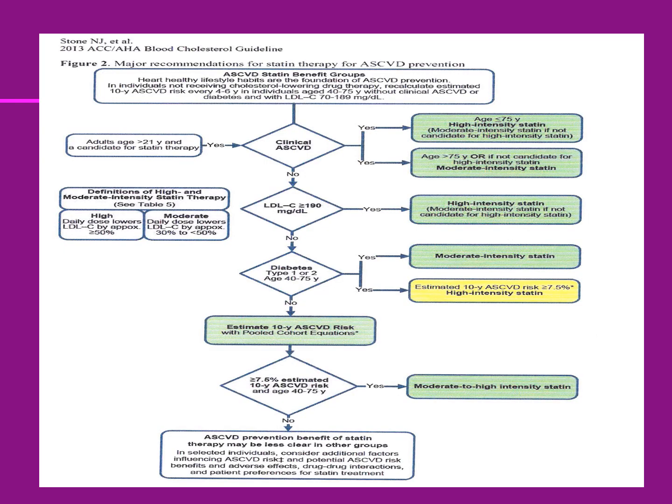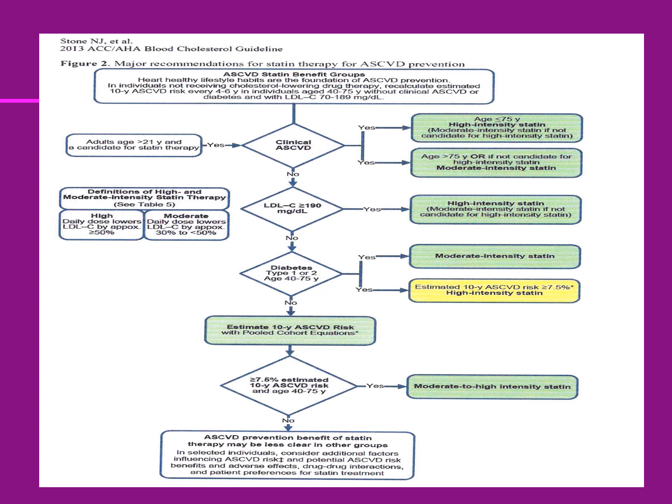So this slide I could spend a lot of time talking about, but basically this is the algorithm from the 2013 set of guidelines. So basically they're saying, okay, let's look and see. In patients between the ages of 40 and 75, you compute a 10-year risk. If the 10-year risk is greater than 7.5%, most of those patients are going to end up on statins.